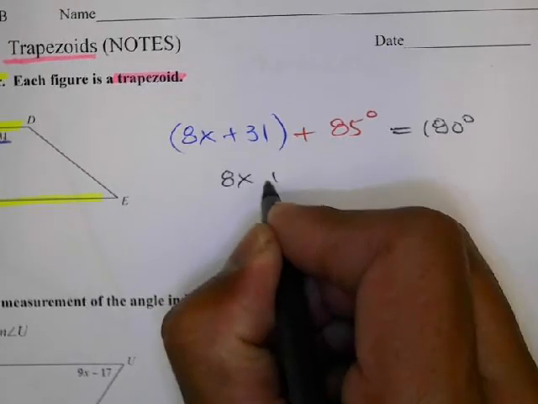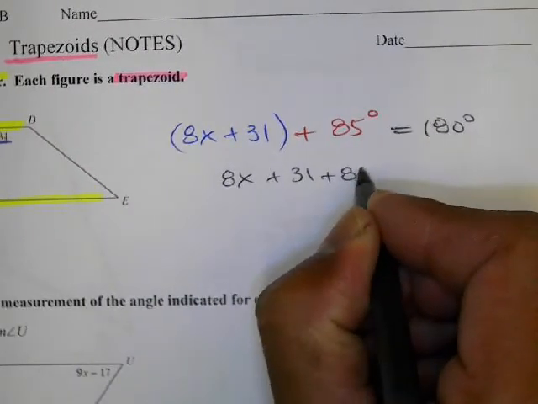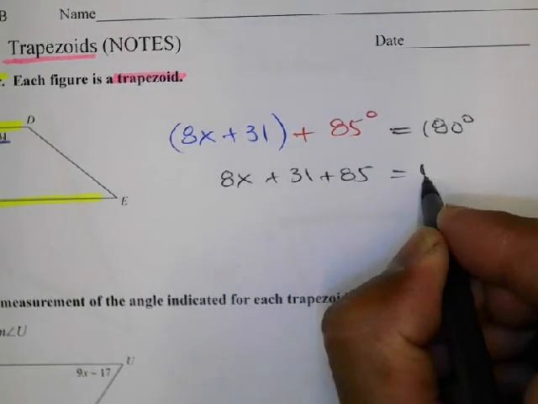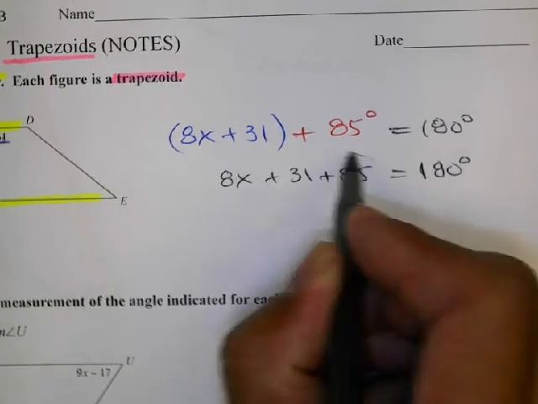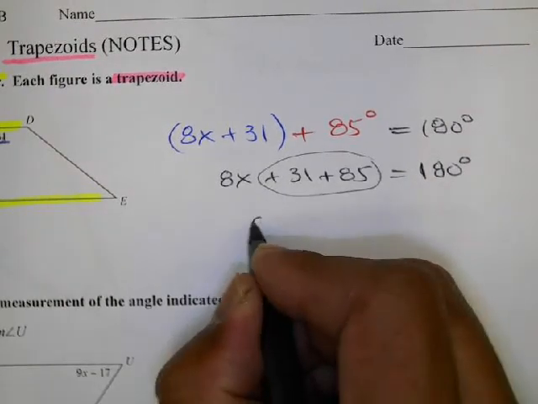Okay, and then you solve it. That'll be 8x plus 31 plus 85 equals 180.